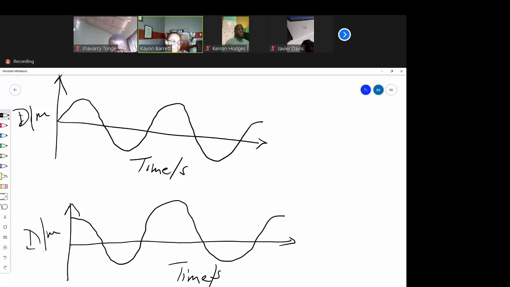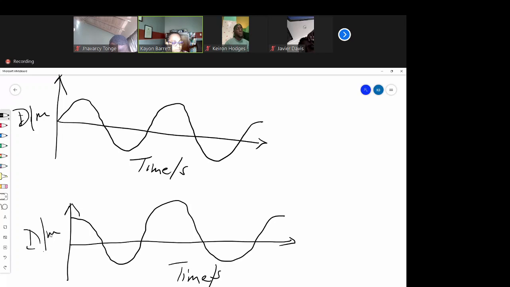So the very first particle, right beside the source, at the start time would have had no energy, and then the energy would increase with time. So that's why you would have the difference. Usually you would represent a wave with the first one, which is the sine curve, and you would represent oscillations with the second one, which is the cosine curve.